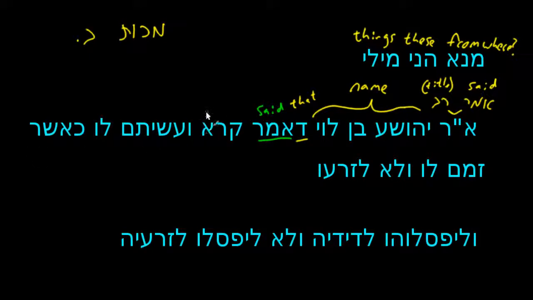Kra is a pasuk. Okay. Now, va'asisem lo kasher zamam, or va'asisem, this is a tricky one. This word is from Chumash.